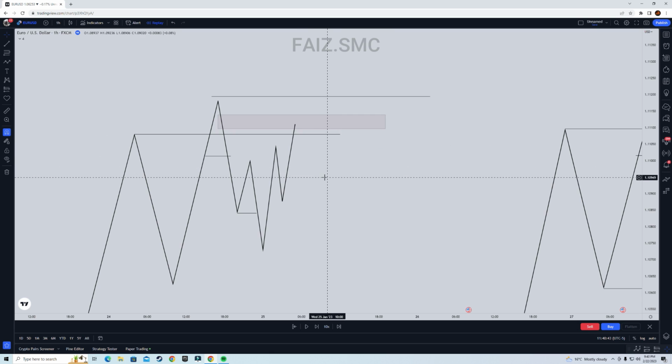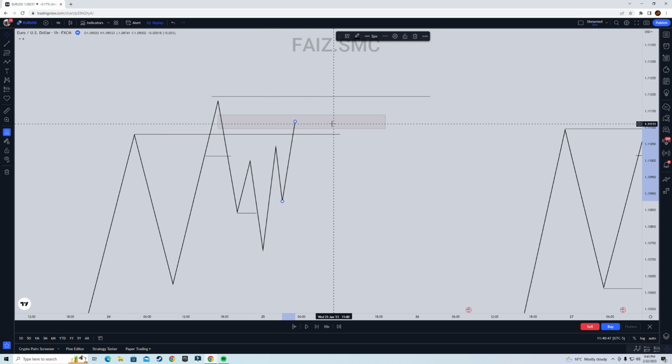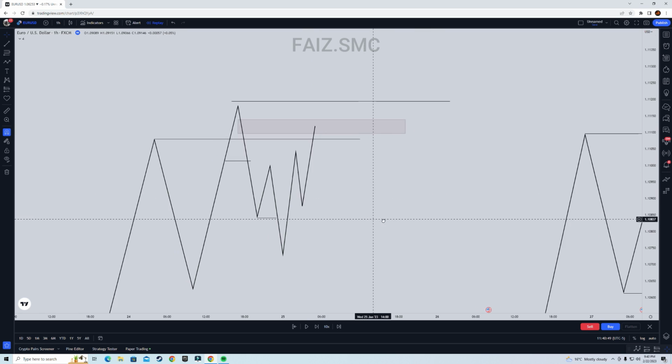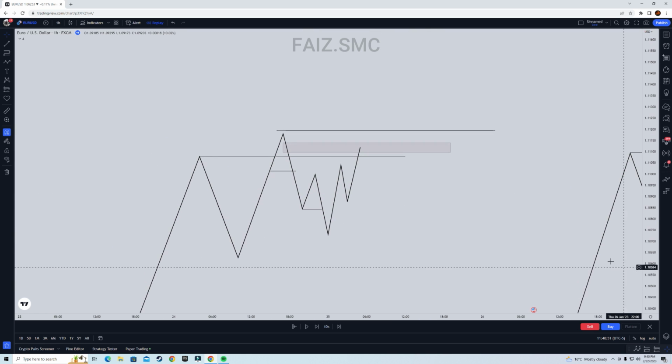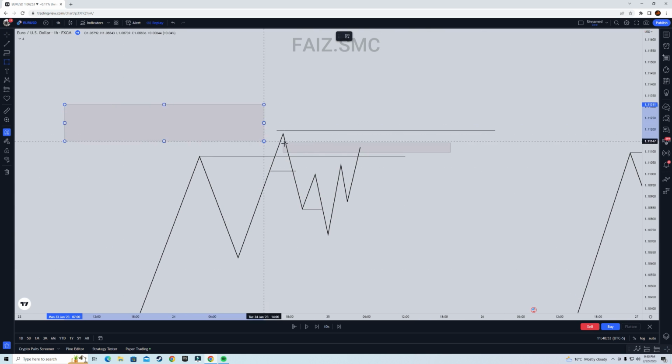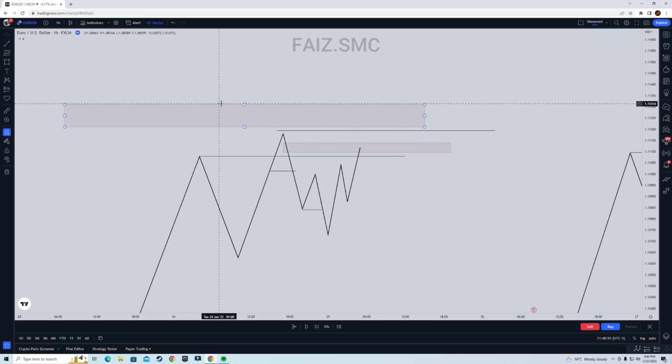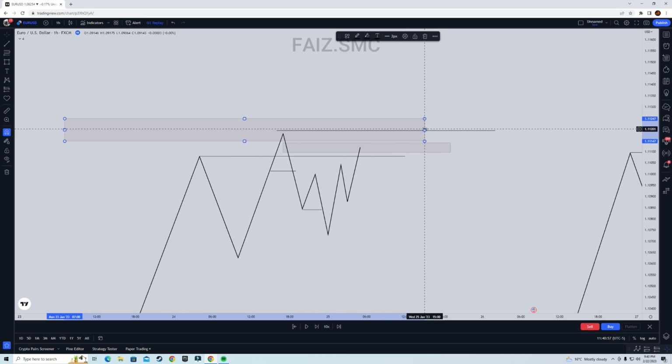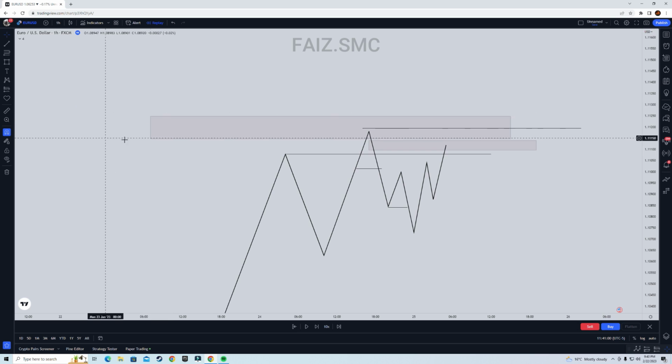Okay. Now, when that happens, you can either enter directly or you can look for a confirmation entry. Now, what you can also do is, on a high time frame like 1 hour, you could have marked another POI. It could be any other PD array. It could be an order block. It could be a fair value gap.